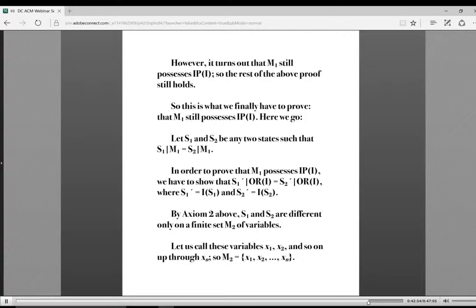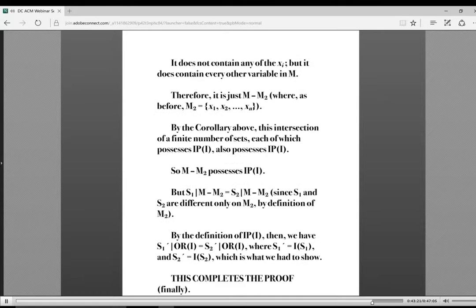By axiom 2 above, S1 and S2 are different only on a finite set, which we're going to call M2, of variables. Let us call these variables x1, x2, and so on up through x sub n. So M2 is the set consisting of x1, x2, dot, dot, dot, up to xn. Okay?